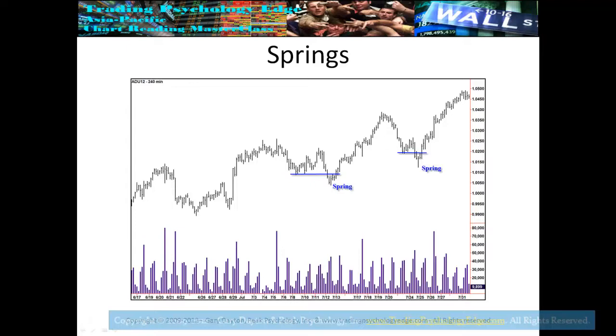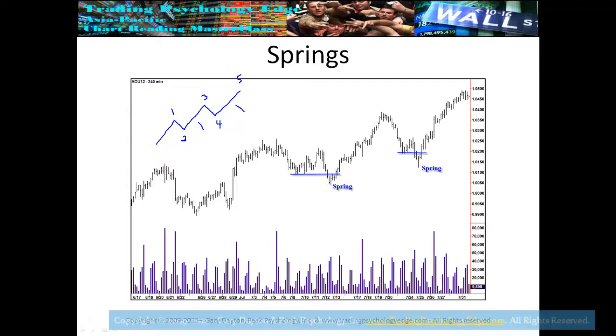When a market's going up, to be very basic about it, he said they would go up in 5 waves. These would be called impulse waves here, waves 1, 3, and 5. And waves 2 and 4 would be corrective waves. Okay, so impulse or motive waves and corrective waves.